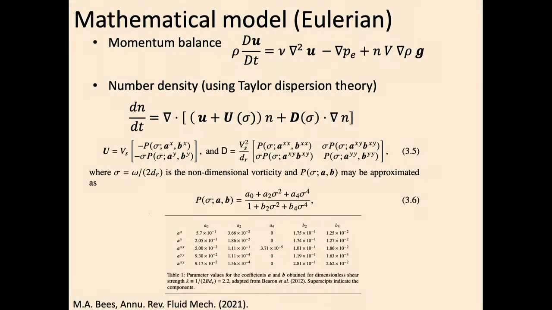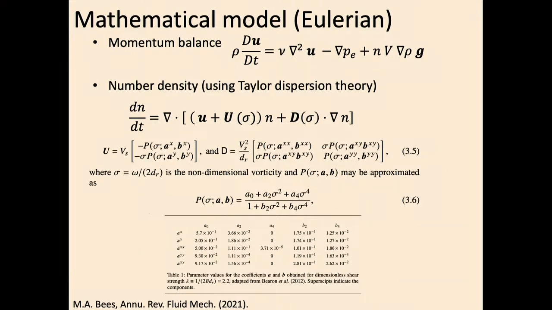At least for a variety of Chlamydomonas, they have a very weird but still writable form for how the velocity depends on the local vorticity, and these are nasty coefficients.